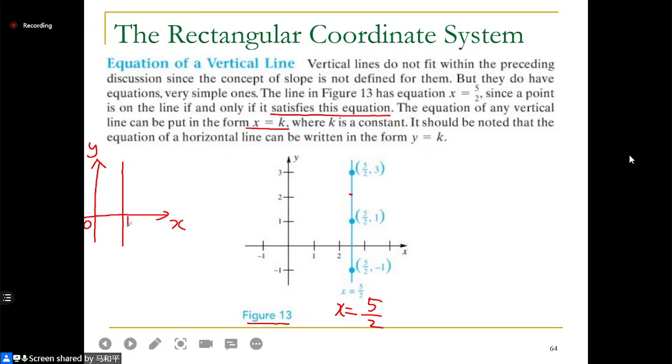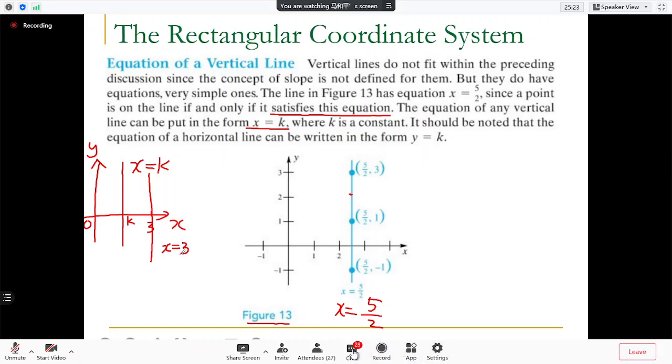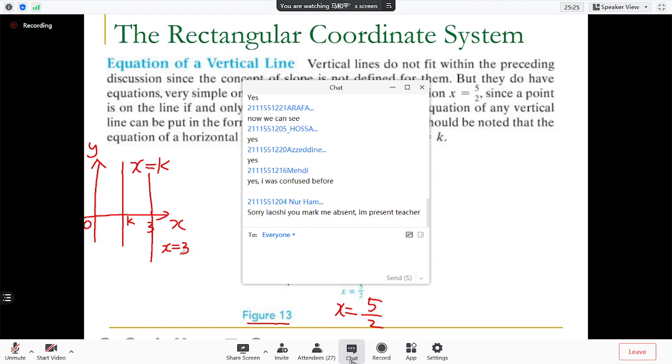For example, for this vertical line, the equation is x is 3.